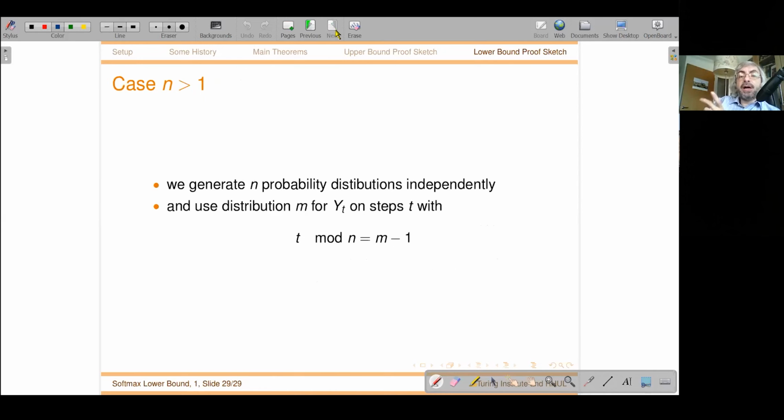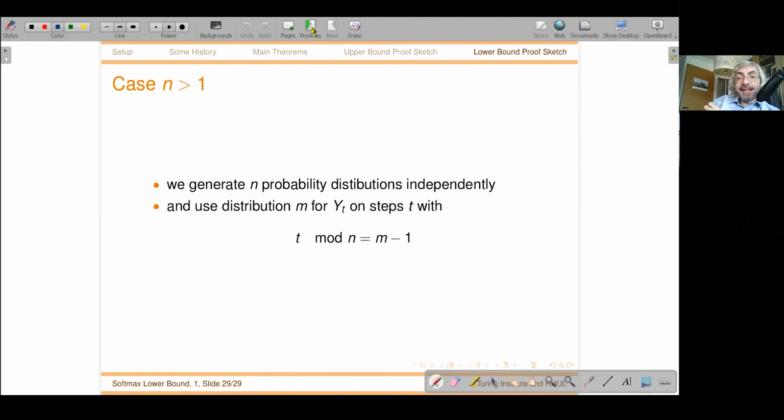I've been talking about n of 1, and for n greater than 1, we can do a standard trick of generating n distributions independently and then using them interchangeably. So this is how the lower bound in the proof works.